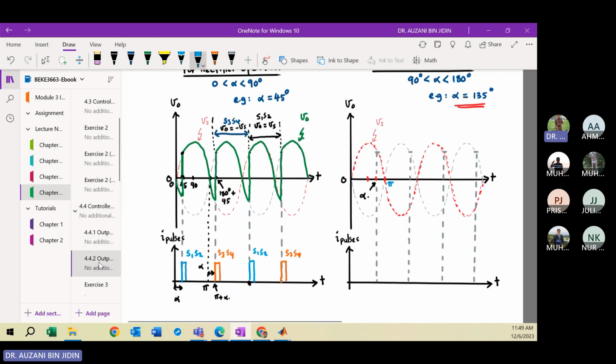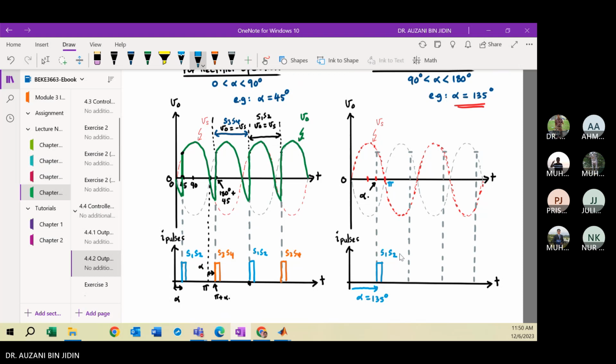So here, the current pulse is here, right? This is your alpha, 135 degrees. So you can sketch the current pulse to turn on S1 and S2.